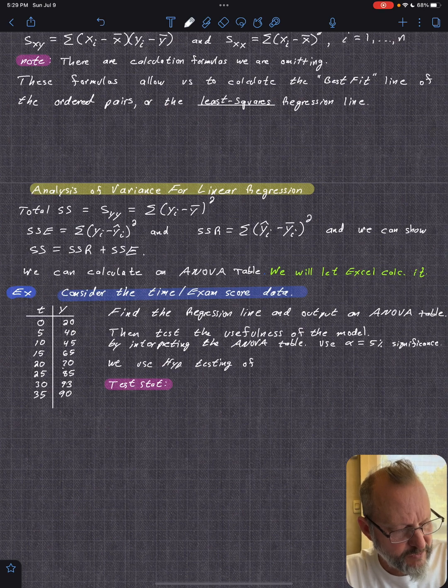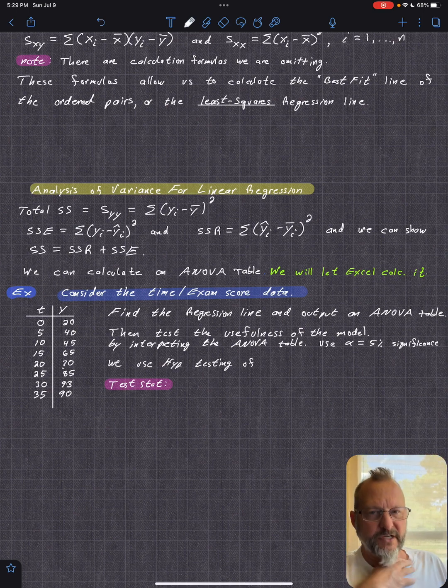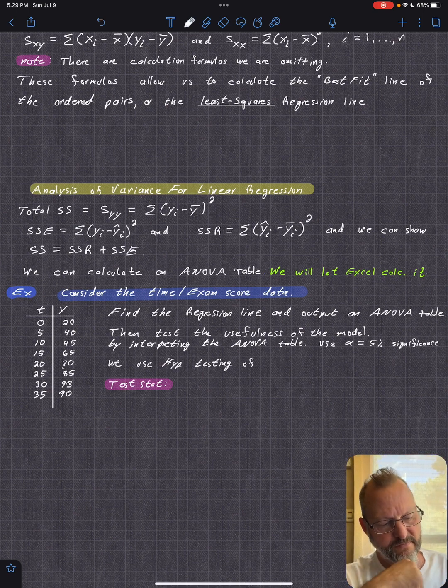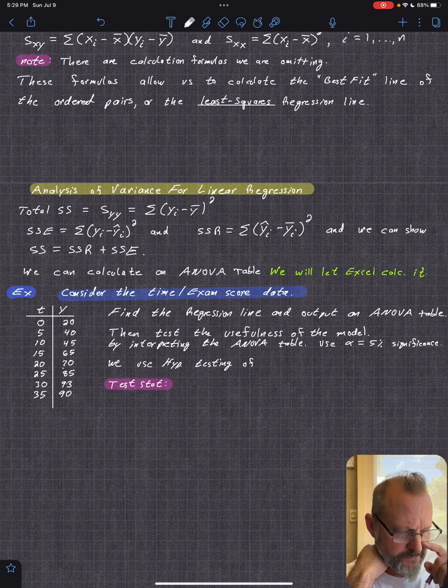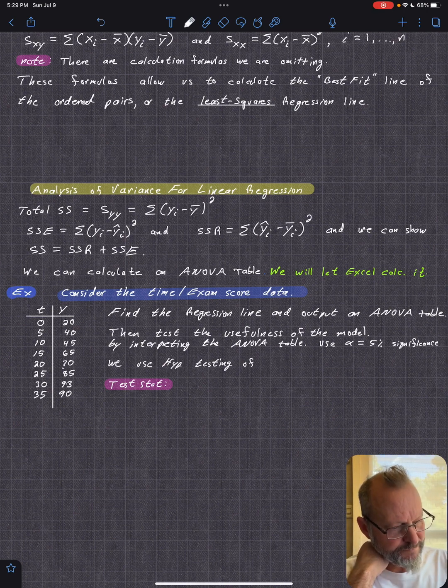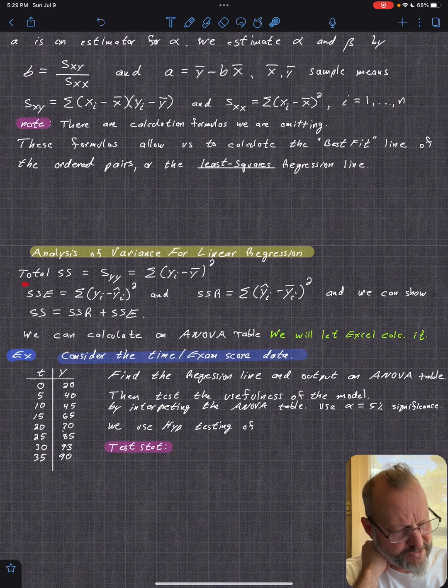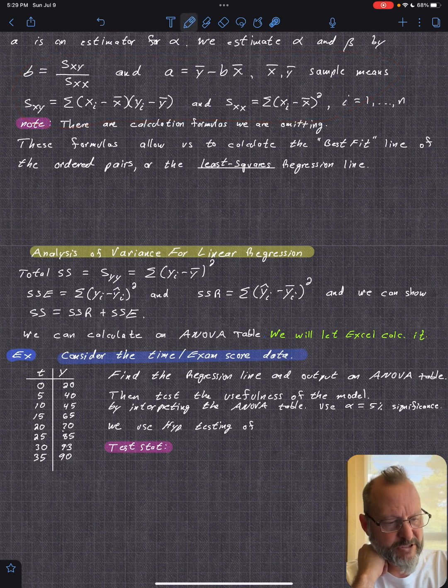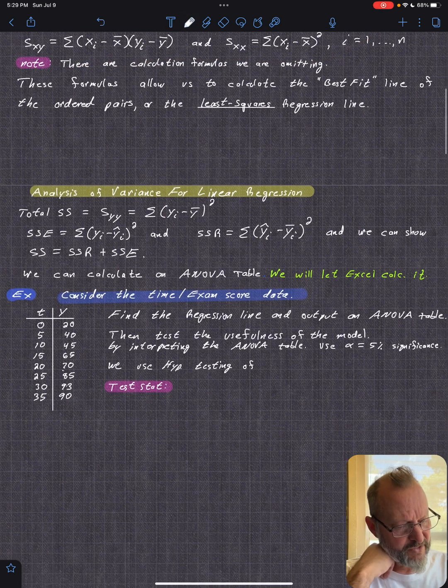That can be done algebraically, not directly, but using those other calculation formulas. We don't need to. So you can leave these to computer packages. If you want to try one, it's good to do this one by hand, but you won't have to do that either.